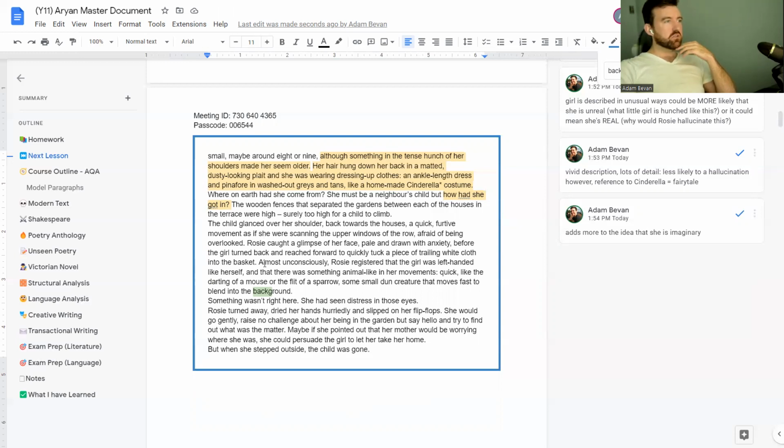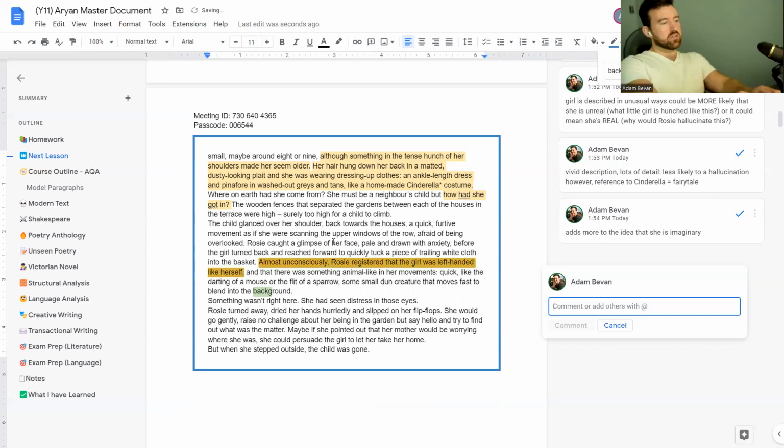Almost unconsciously, Rosie registered that the girl was left-handed like herself. So this bit, it's interesting that the girl is similar to Rosie, makes it more likely she is imaginary.